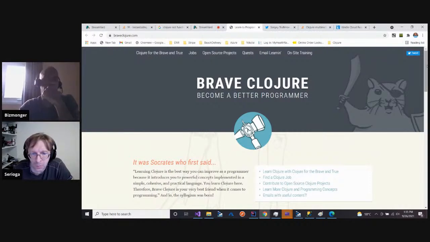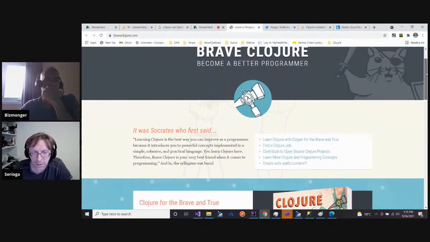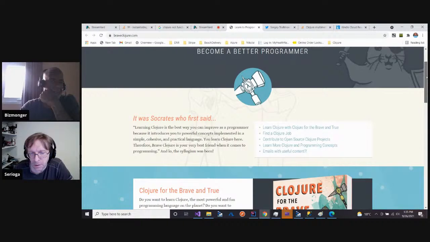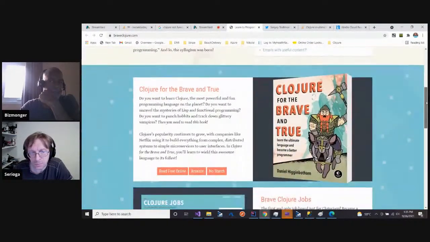So for me, this book was fun and covers more practical things about Clojure when you're familiar with functional programming in other languages and so on.